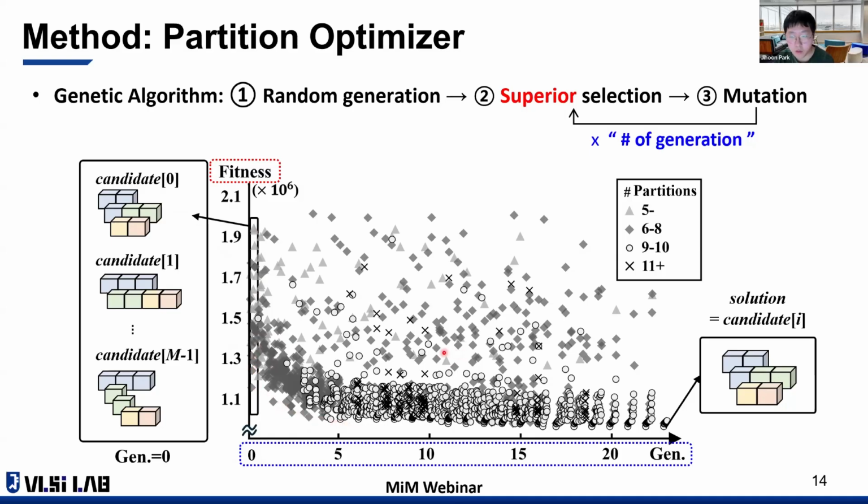And we can see that the number of partitions goes from 6 to 8 to 9 to 10, so that we can find the best number of partitions at the end.